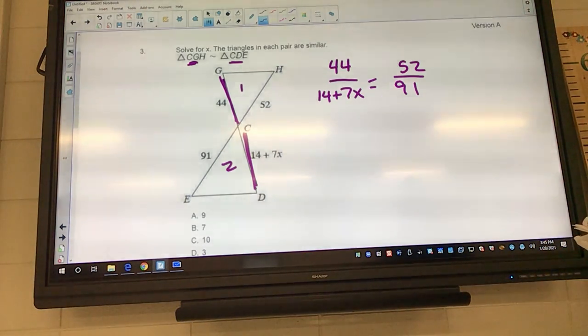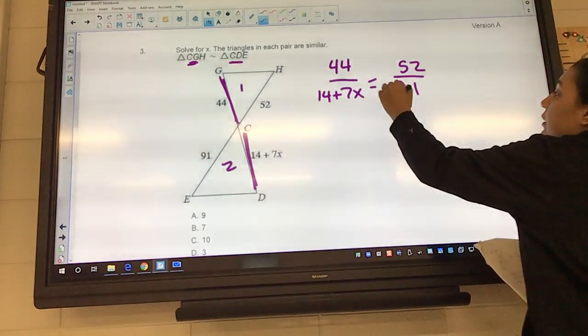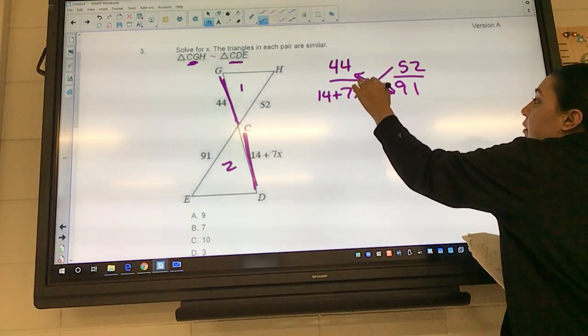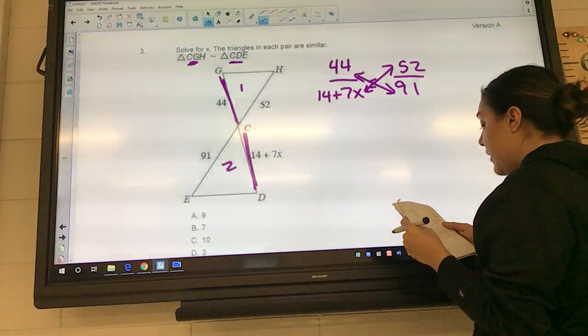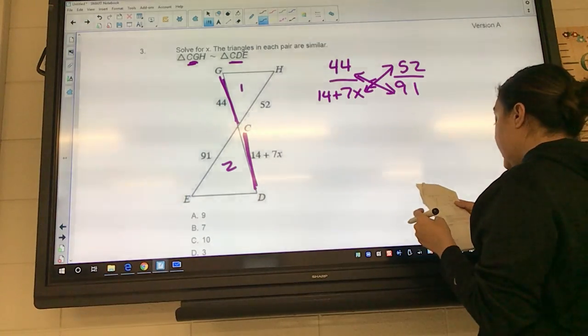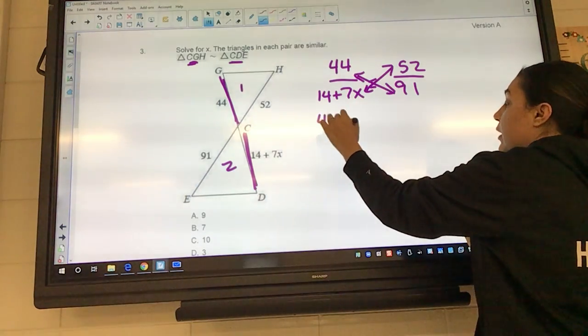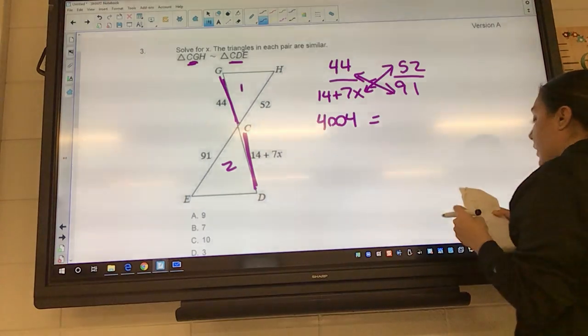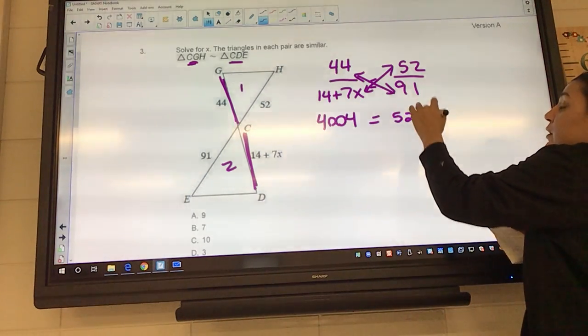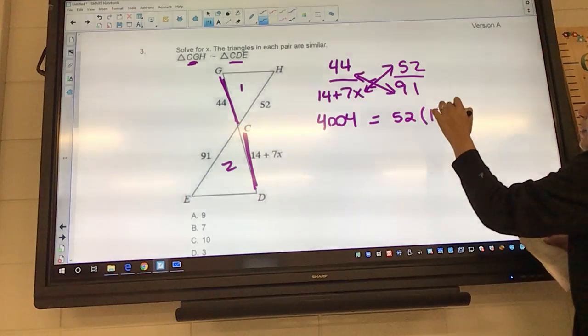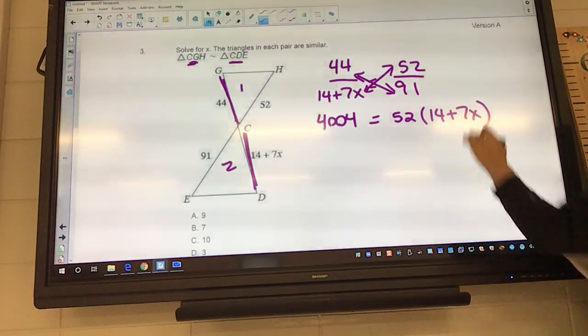We're going to cross multiply and divide like we did earlier. So you multiply across, and then you have to divide this stuff out. 44 times 91 is going to give you 4,004. Then you take 52 times the bottom, 14 plus 7x.